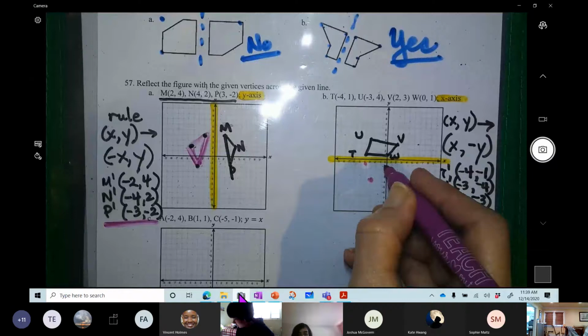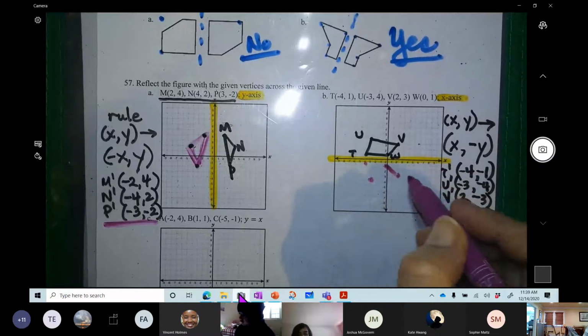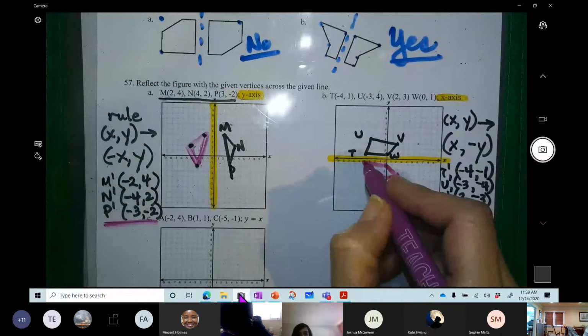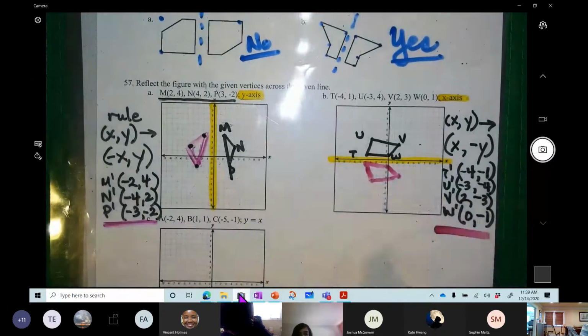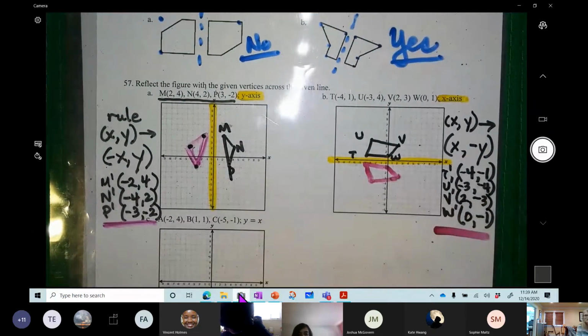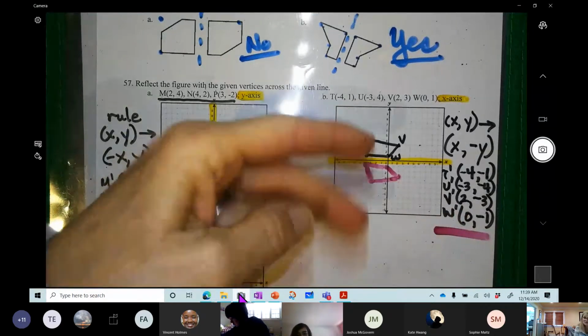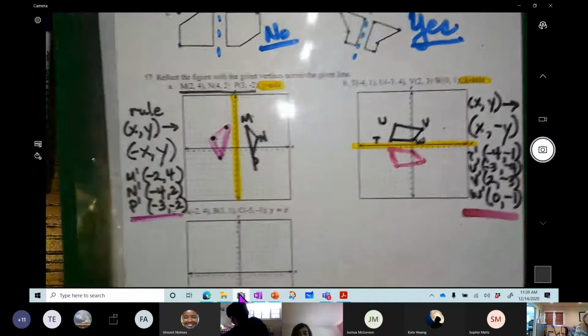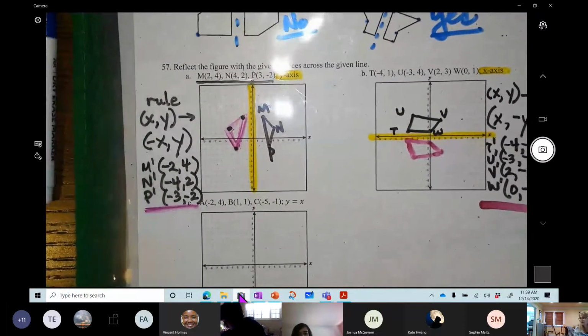And 0, -1 is right there. Of course, again, you won't be drawing with a pen or a pencil, you'll be drawing with Desmos on your final. But they do look like an exact reflection of each other, and you should be able to apply the rule. Any questions?